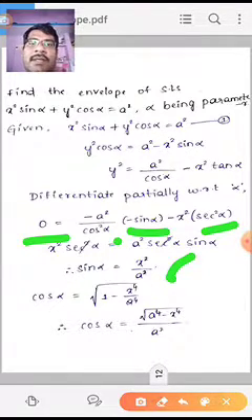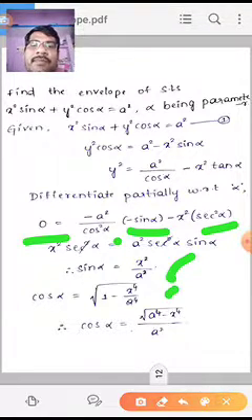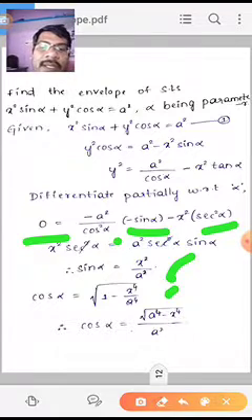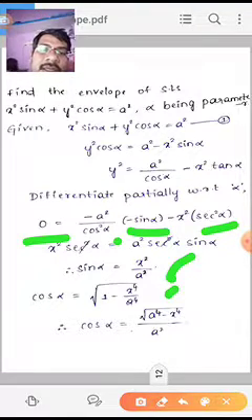Here in the given equation in the form of sin alpha and cos alpha, here we know the sin alpha, you have to convert into cos alpha form, that is cos alpha is equal to square root of 1 minus x to the power of 4 by a to the power of 4.